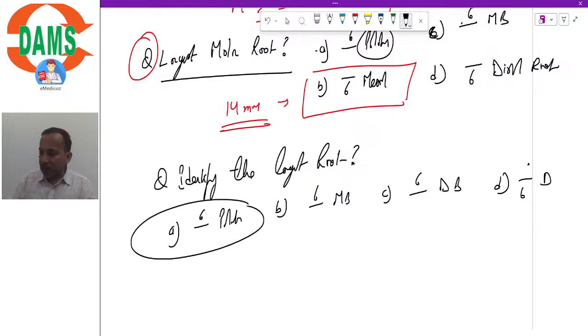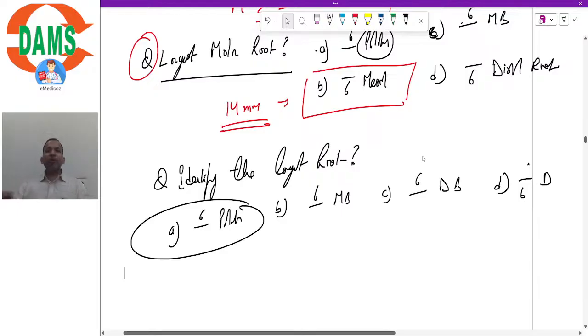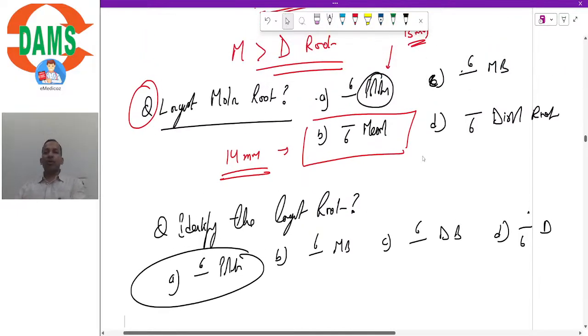So amongst these options, yes, upper 6 palatal is the largest, but if the mesial root of lower 6 is there, then that would be the largest, right? This is approximately 1 millimeter longer than the upper 6 palatal. Is it clear? So depending on your options, you will choose your answer.